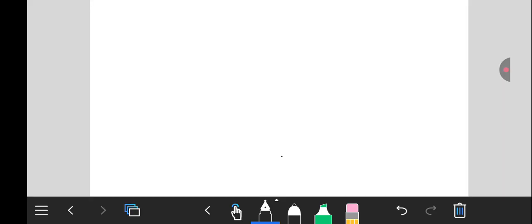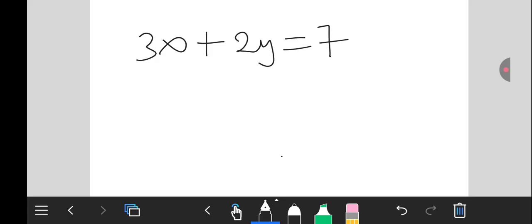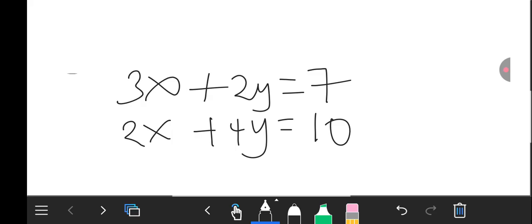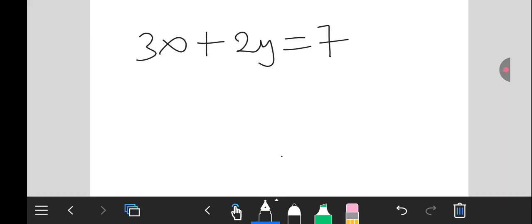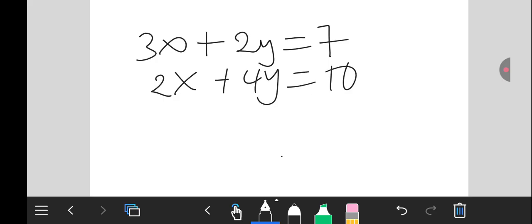So 3x plus 2y is equal to 7. Then the next equation: 2x plus 4y is equal to 10. So how can you solve these two simultaneous equations?